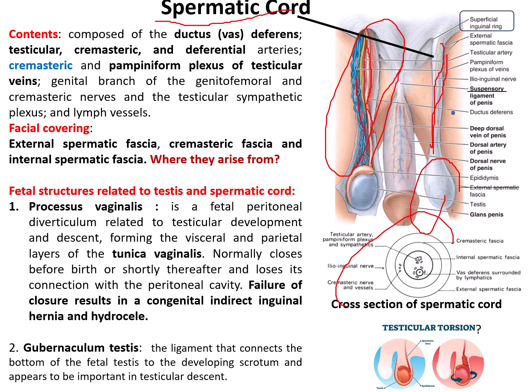Here is the cross section which shows the contents of the spermatic cord. Some embryonic structures related to the spermatic cord are, for example, processus vaginalis and gubernaculum testis.